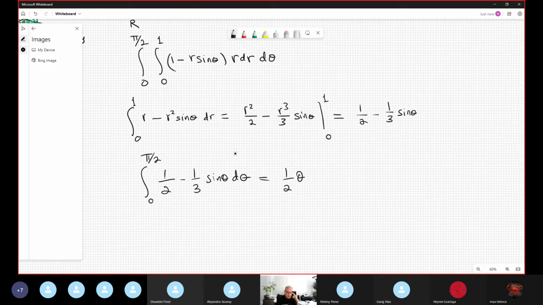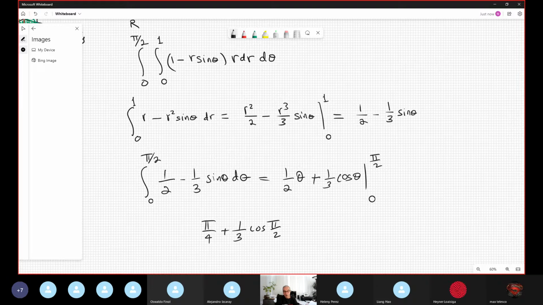Plus or minus. Well, the antiderivative of sine is minus cosine. But we have a minus and it becomes positive. So 1/3 cosine theta. And everything is evaluated between 0 and pi/2. Okay, so it's pi/2 here, it's pi/4, because 2 times 2 is 4. Plus 1/3. Well, no, wait. Cosine pi/2, no?